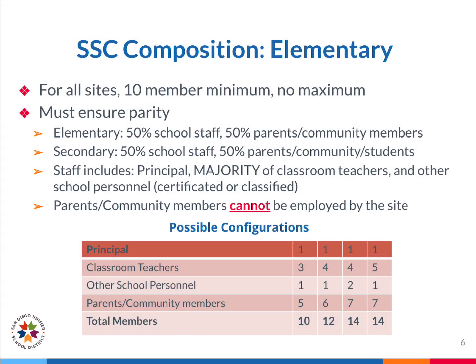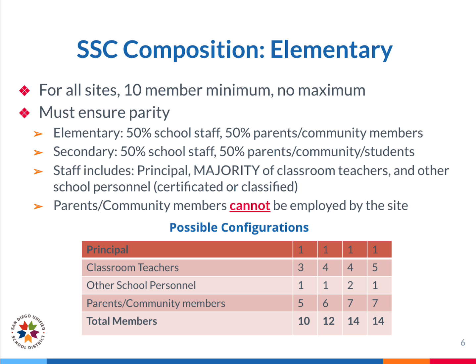At minimum, all elementary school site councils must have 10 members. There is no maximum amount of members permitted, provided that the composition of the committee maintains the legal requirements. The SSC membership must be 50% staff members and 50% parents and/or community members.